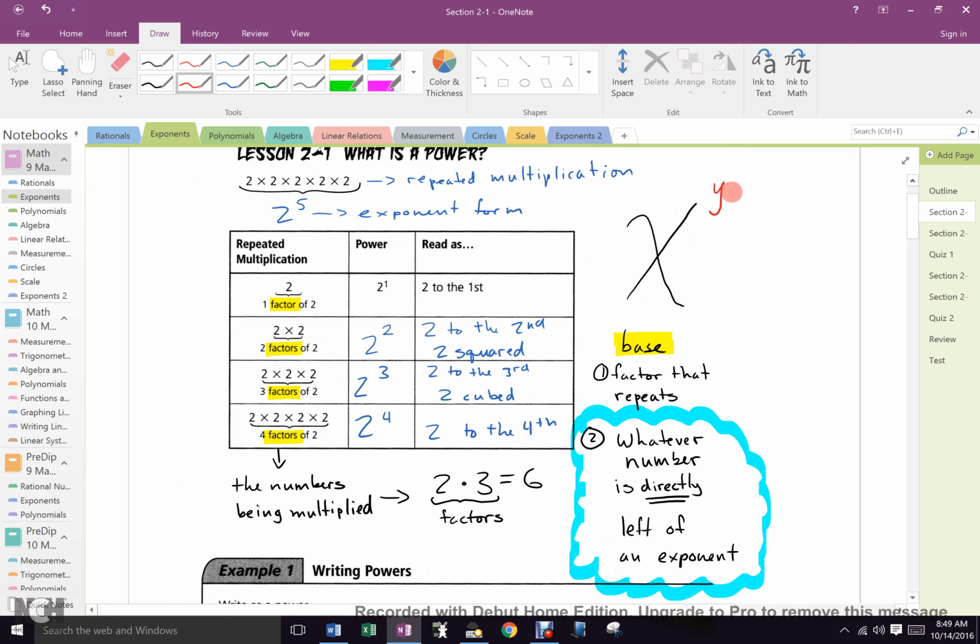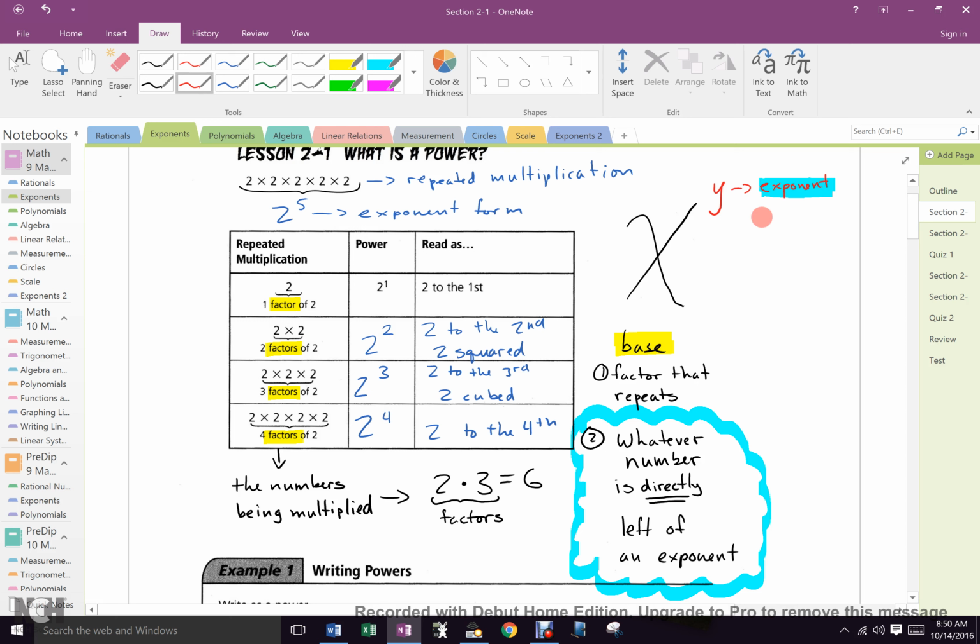Okay. This is the exponent. And I'm going to highlight that. Okay. Do we highlight all this? If you want to highlight it. If you carry a highlighter. If you don't carry a highlighter, maybe you just want to underline it or circle it or something.